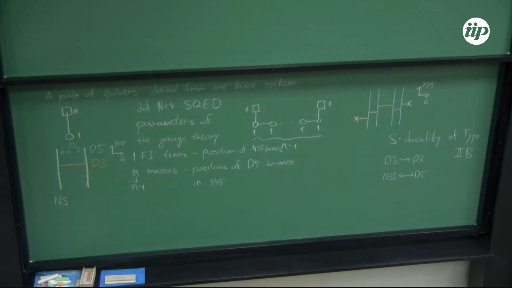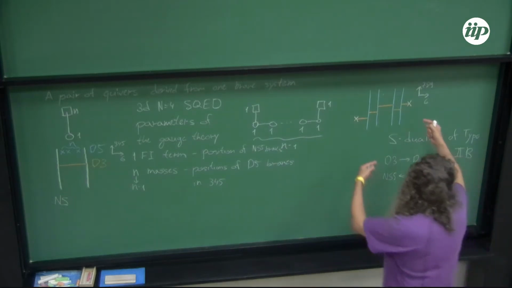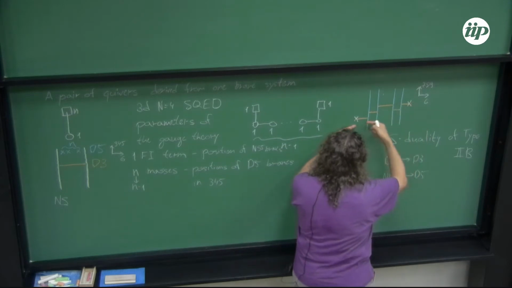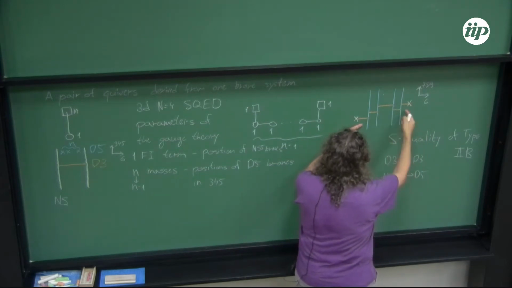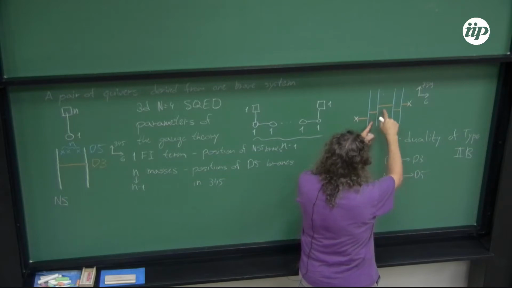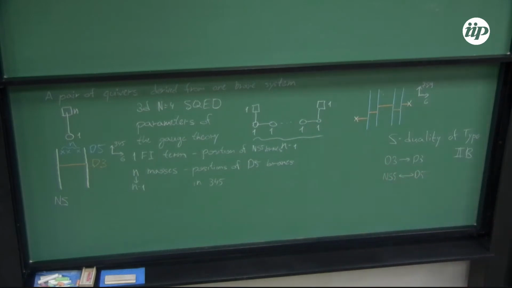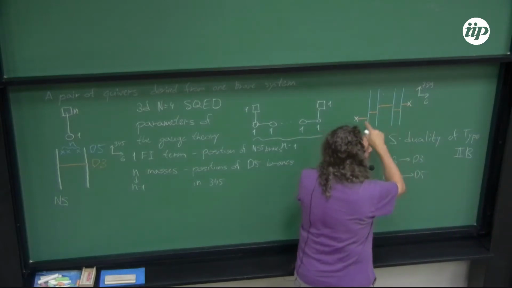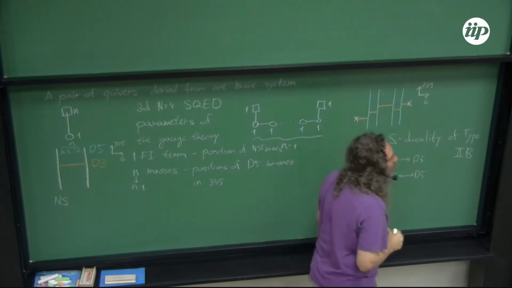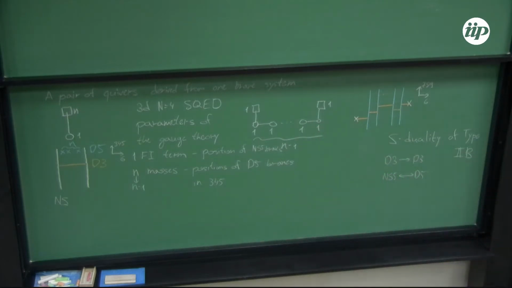Now let's again look at the picture that we have over here. I have n minus 1 positions of 3 branes. Those will be considered as moduli, vacuum expectation values of scalar fields. So each position is going to be a vacuum expectation value. And there are positions of the heavier branes, the D5 branes, the Neveu-Schwarz 5 branes, which, because they are heavy, are going to correspond to parameters in the Lagrangian, not to vacuum expectation values. Right?